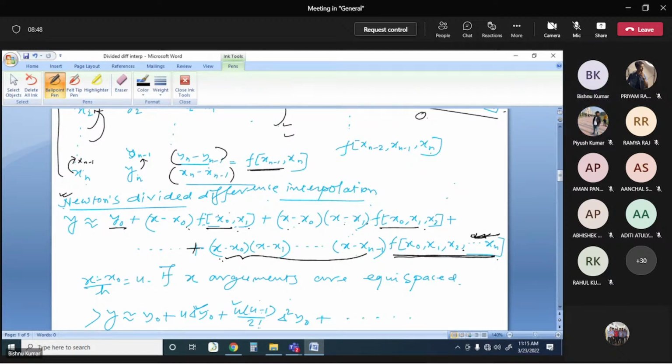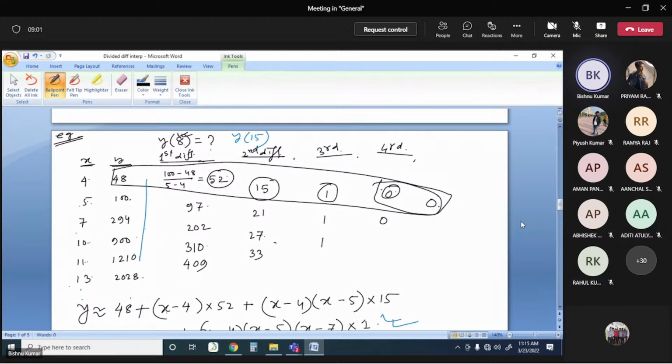Yes, sir. Let's try a numerical example. Then I will tell you a little bit of another thing. This example is given to you. In this example, the x and y data will be given to you.